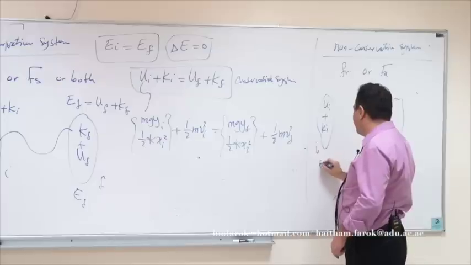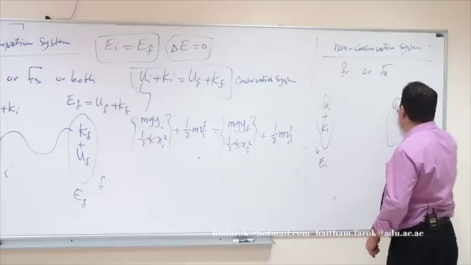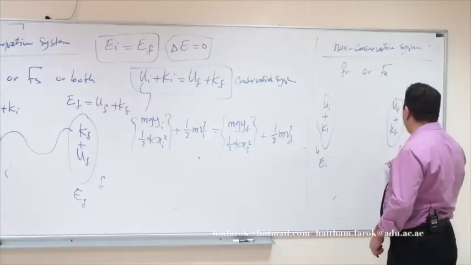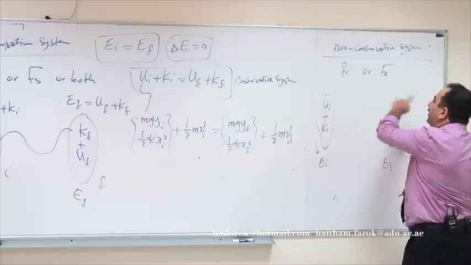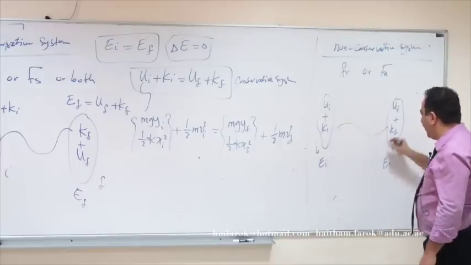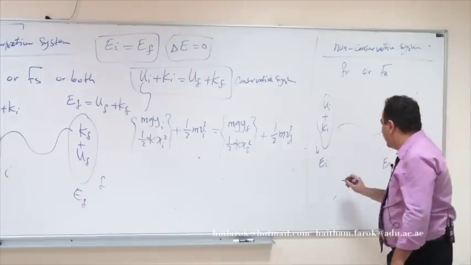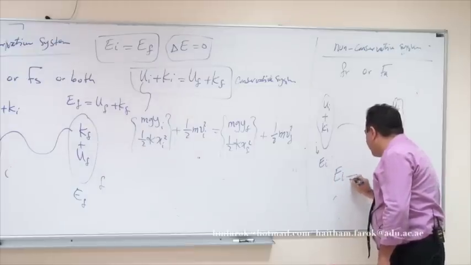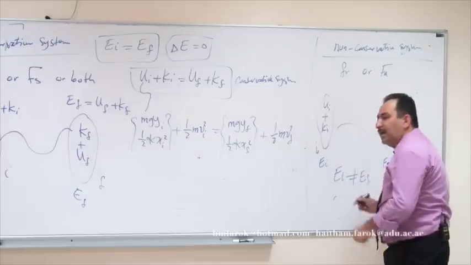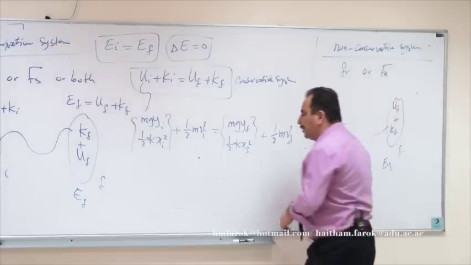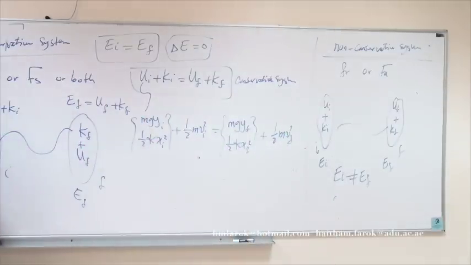You add them, it gives you EI. Here UF, KF. You add them, it gives you EF. In this system, are EI and EF equal? No. So here EI is not equal to EF.